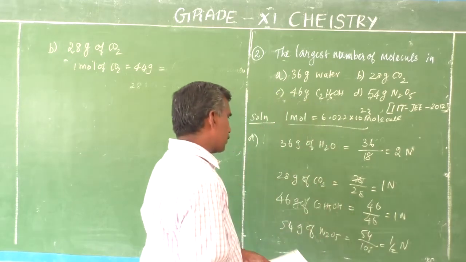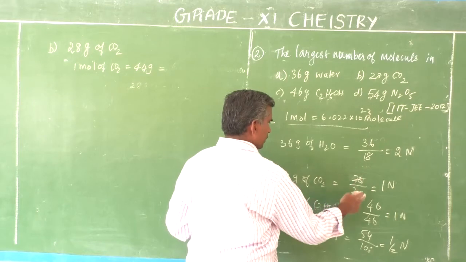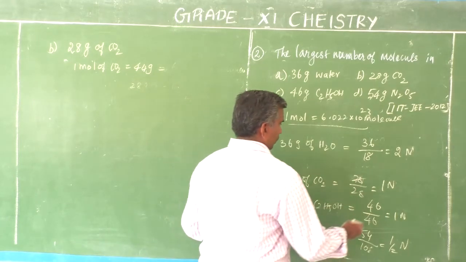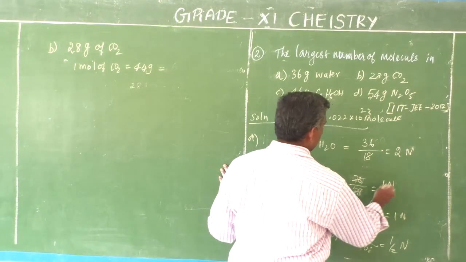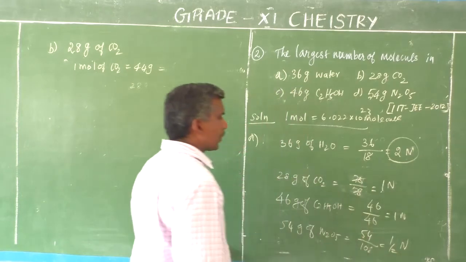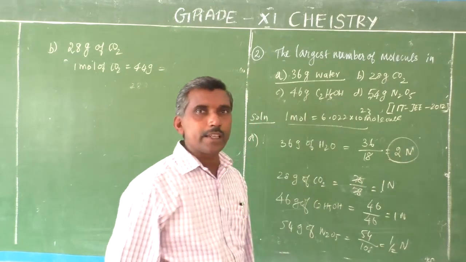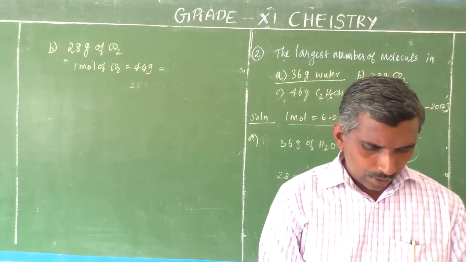This is the given mass by molar mass. What is the answer? Molar mass 44, 28. The highest is 2N. So option A is the correct answer.